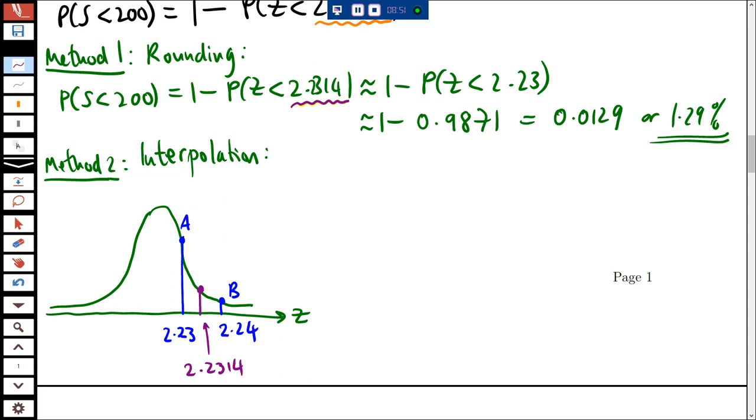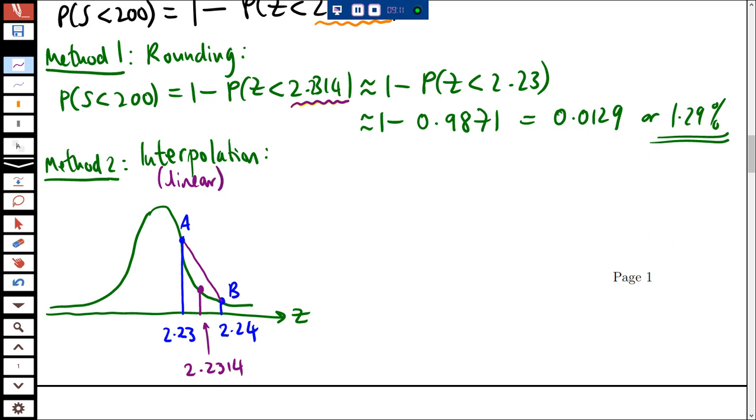Okay, so interpolation, what we do is we draw a straight line from A to B. Roughly by there. Okay, so the interpolation is linear, which means draw the straight line.